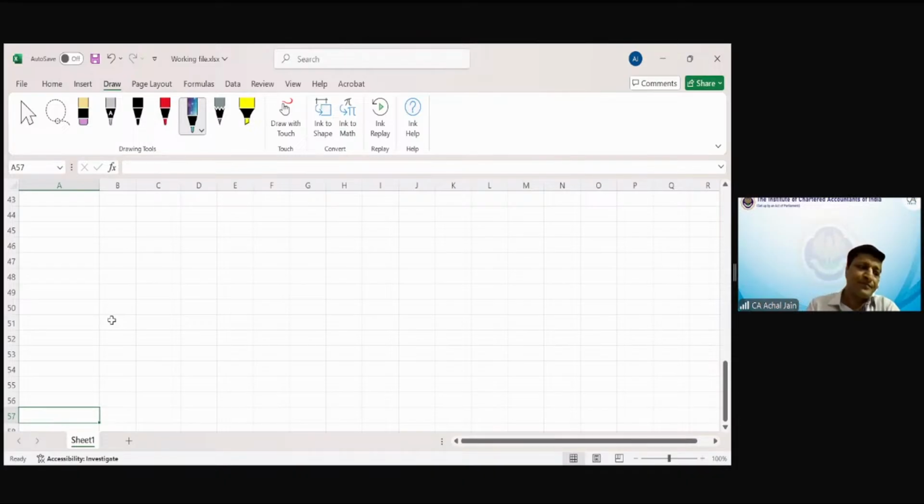Okay. Now, moving further. Now, let's talk about the accounting of inventory. So far we only talked about the physical verification or the physical count of the inventory. Now, we discussed in the previous session that inventory is a build up.